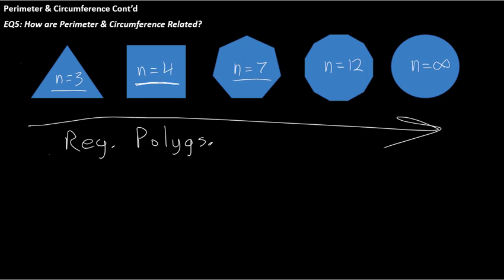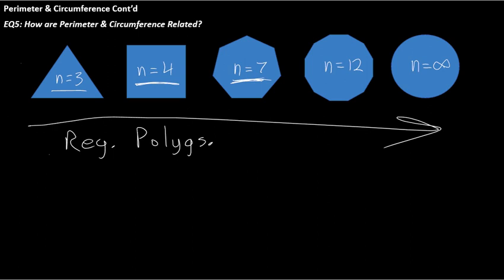And then here we see n equals 7. This is called a regular septagon. A septagon is any 7-sided polygon, but this one's regular because all of its sides are the same length. This one here is a 12-sided polygon, and it's a regular polygon.